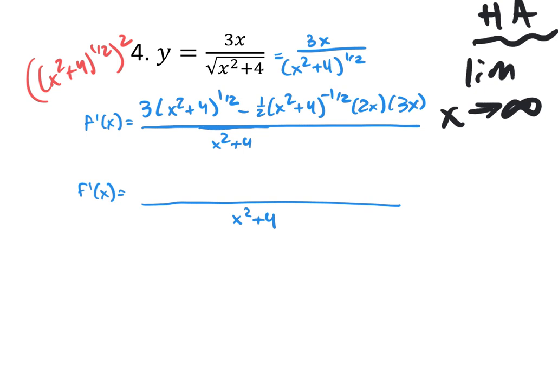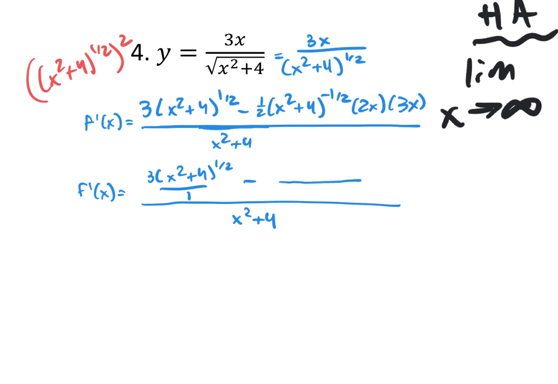This first part, since I know there's going to be a denominator in that second one, I'm going to go ahead and write this as 3 times (x squared plus 4) to the 1/2 over 1. And on the right side here, I'm trying to consider, again, what's going to be in the numerator and denominator of that specific part.